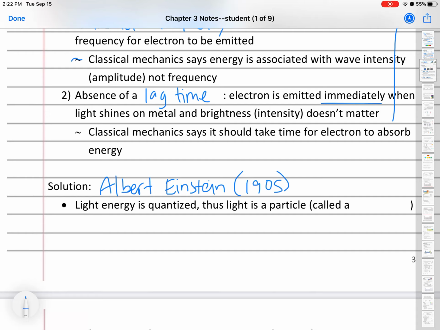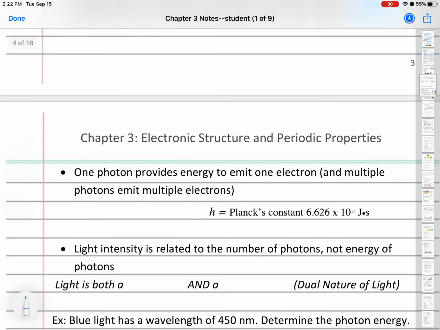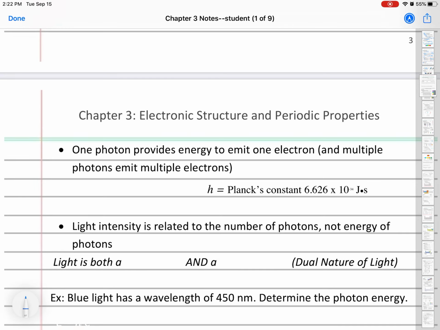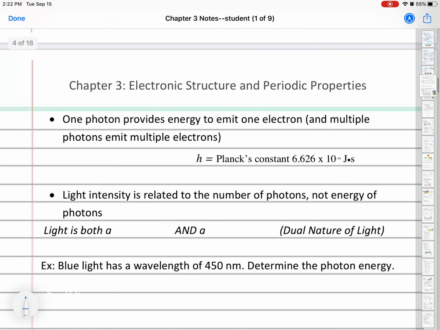And he said, well, maybe light energy is quantized, and that light actually acts as a particle sometimes. And he called this light particle, or packet of energy, a photon. Okay? So he hypothesized that one photon, one light packet of energy, provides the energy to emit one electron. And then if you have multiple photons, you can emit multiple electrons.